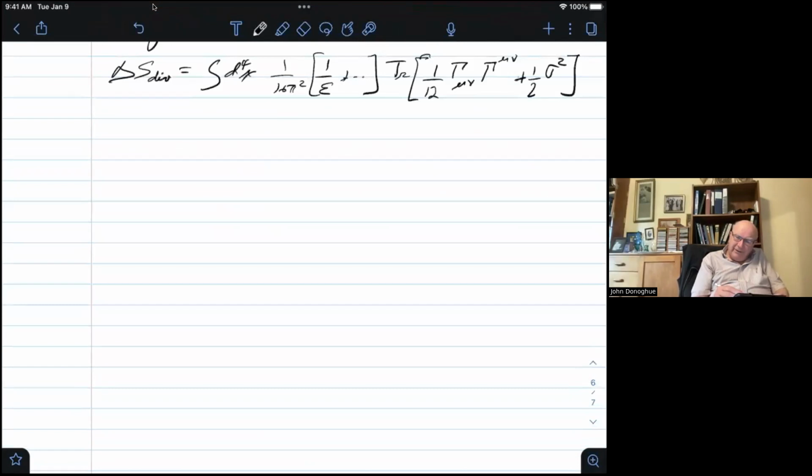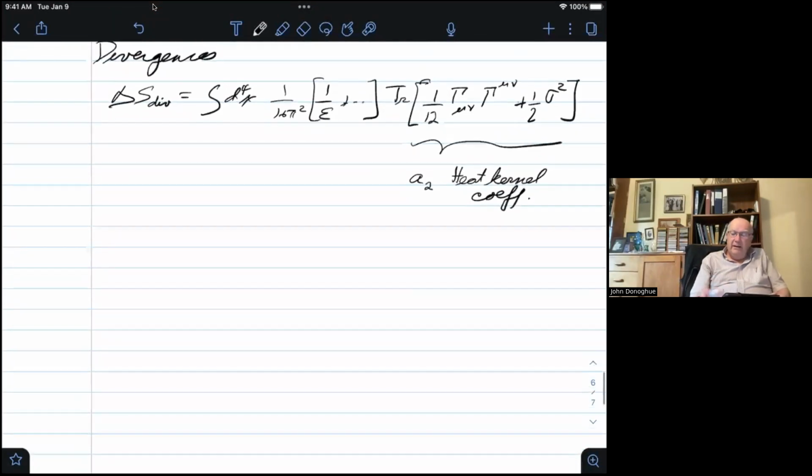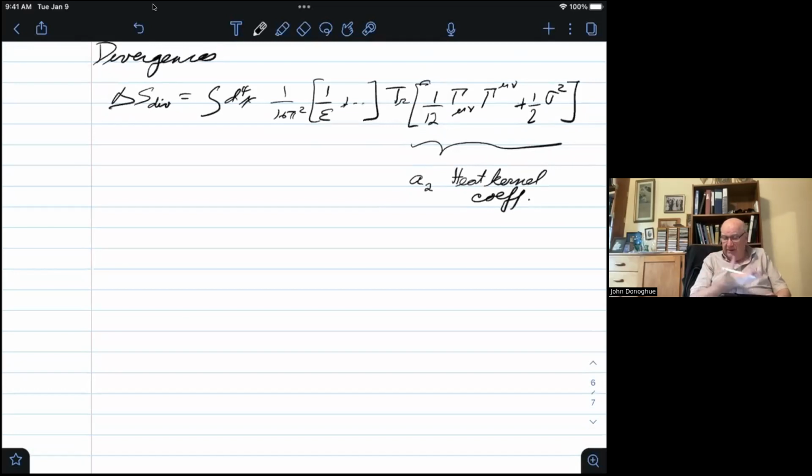And what I've just sketched the derivation for, it's clear I haven't done all the steps. This is something that we'll see later on. It's called the A2 heat kernel coefficient. And it encompasses the renormalization of this theory plus many other theories.